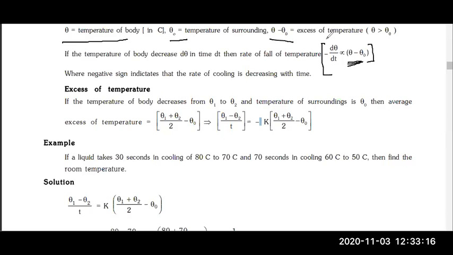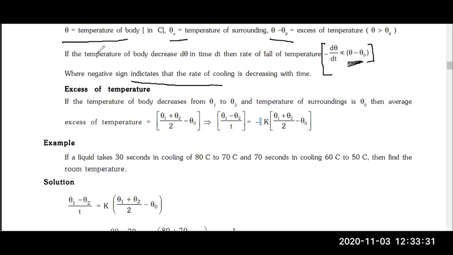The difference would be more, the rate would be more. Makes sense now, right? And you don't talk about this negative, because negative is just the indication that it is cooling. The temperature is decreasing, as simple as that.